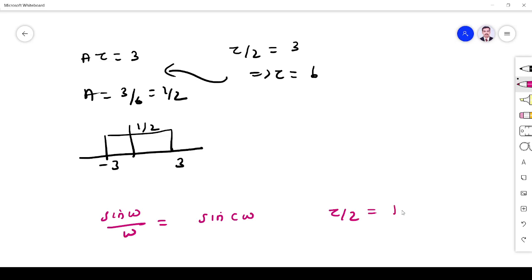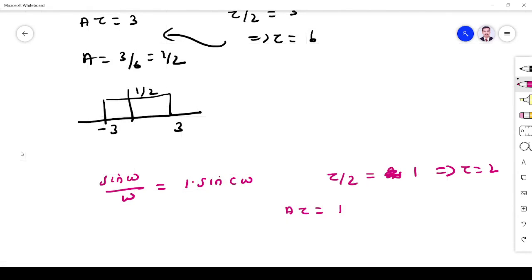Tau by 2 is 1 and the coefficient is 1, so A tau is 1. This implies tau is equal to 2, and A is equal to 1 by 2. So the inverse Fourier transform is a pulse from minus 1 to plus 1, where A is 1 by 2.